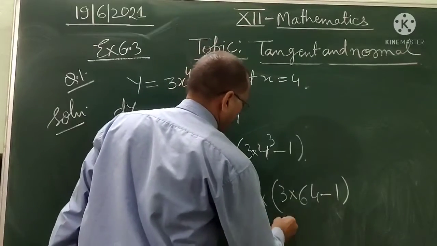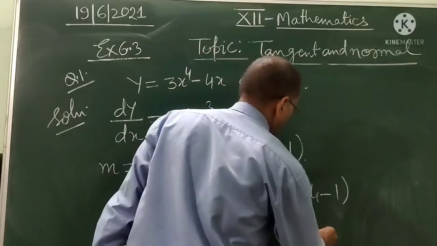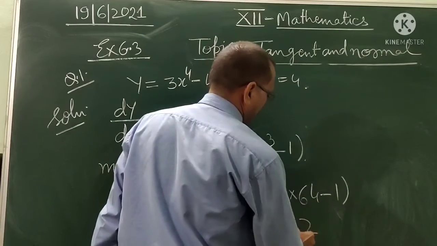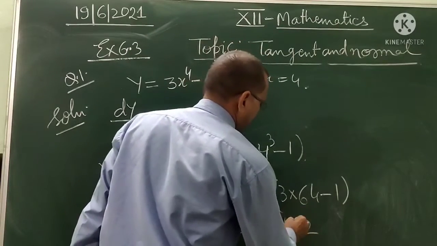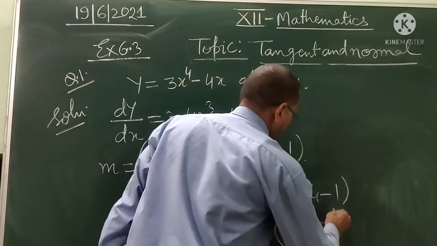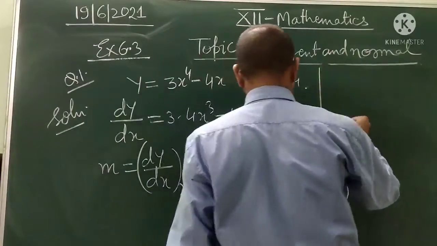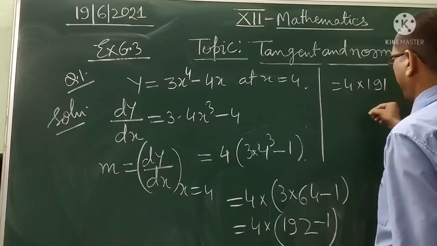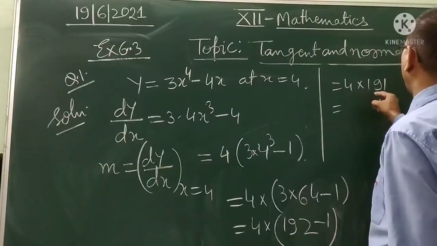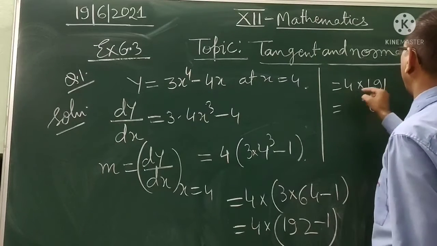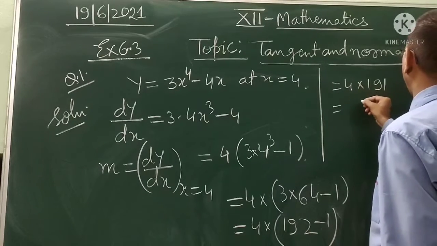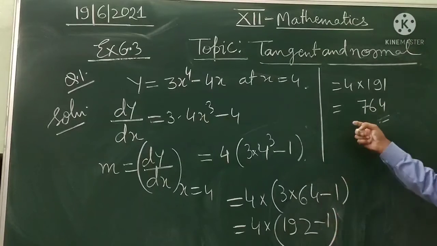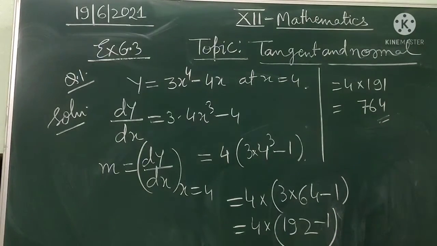It is 4 into (3 times 64 is 192, minus 1) 191. Then 4 into 191: 4 times 1 is 4, 4 times 9 is 36, 4 times 1 is 4 and 3 is 7. So it is 764.